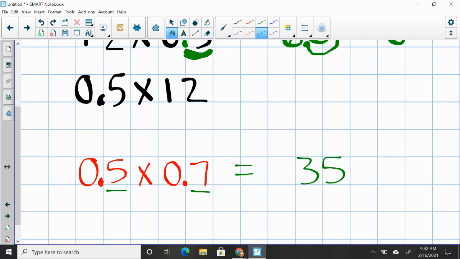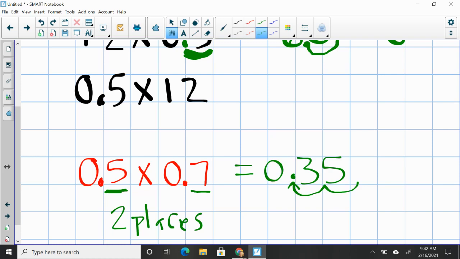So if I count how many spots I have after my decimal points, there's 1 and 2. I have 2 places after my decimal points. So that means I need to move the decimal point in my answer back to the left 2 spots. And so it ends up being right there, and we can put a 0 right there.